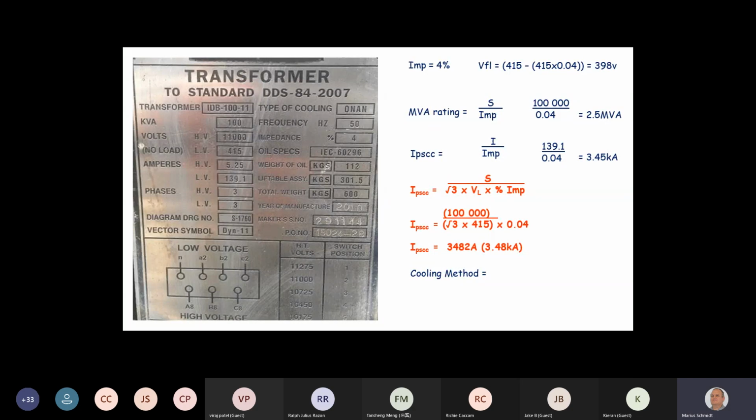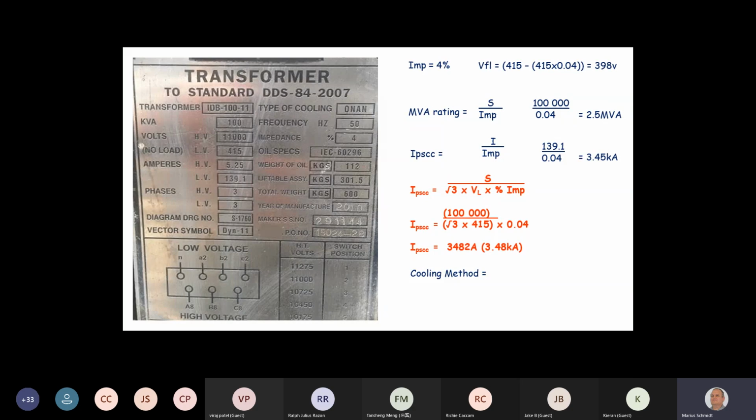Clayton, to answer your question, it depends what the examiner asks. Do they want it in kA or do they want it in amps? If it's in kiloamps and you write down 3,450, it's wrong. I'm just repeating a question they asked online.